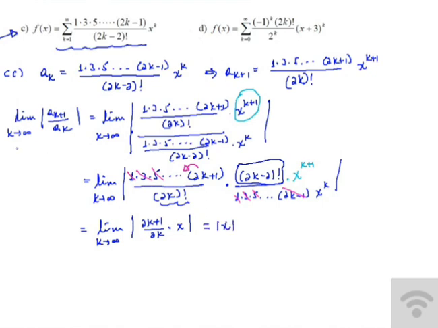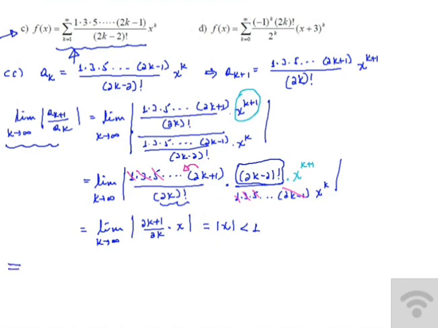Okay, አሁን limit of the k plus 1's term over the k's term as k approaches infinity evaluate ስናደርግ absolute value of x ነው የሰጠን። This should be less than 1. Okay, ይሄ c ውስጥ ያለው ፓወር ሲሪስ ኮንቨርጅ የሚያደርገው for absolute value of x less than 1.